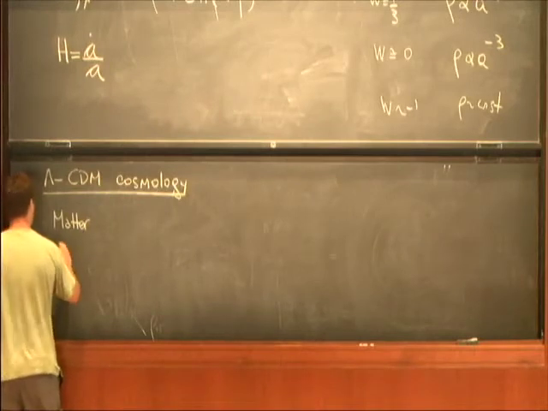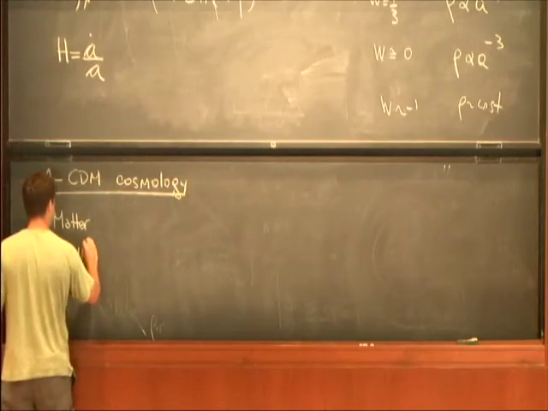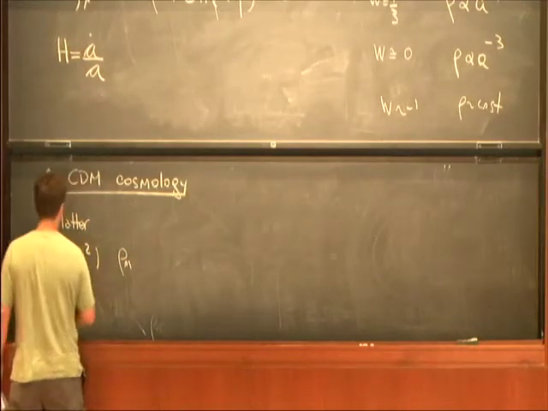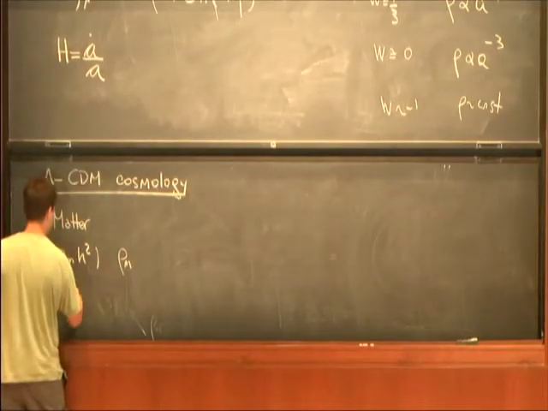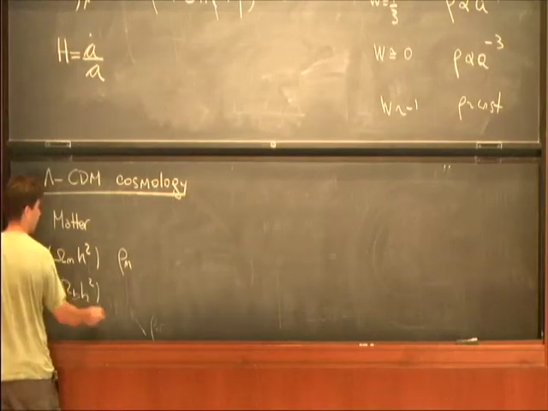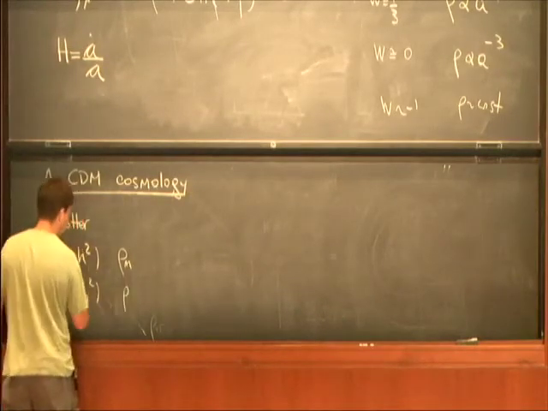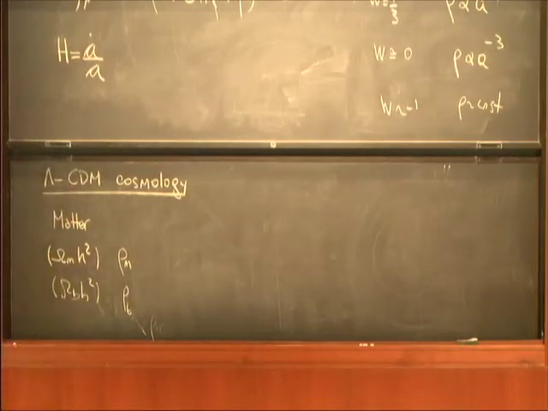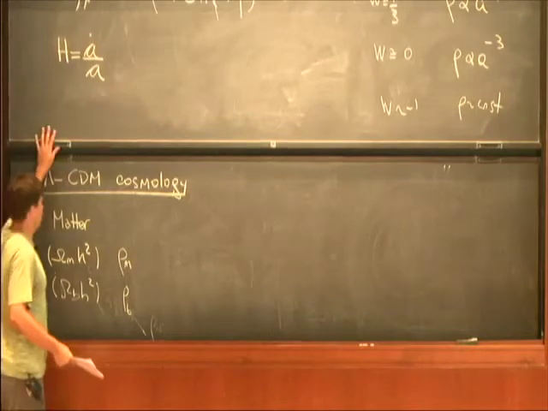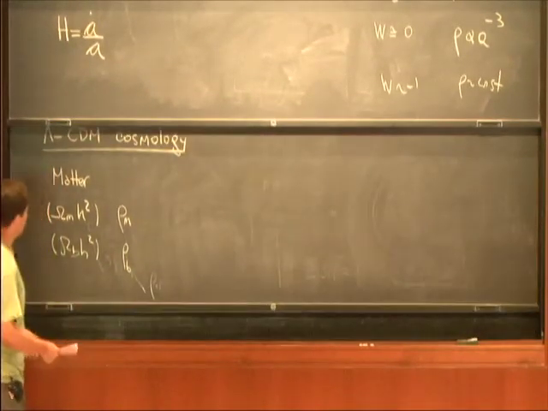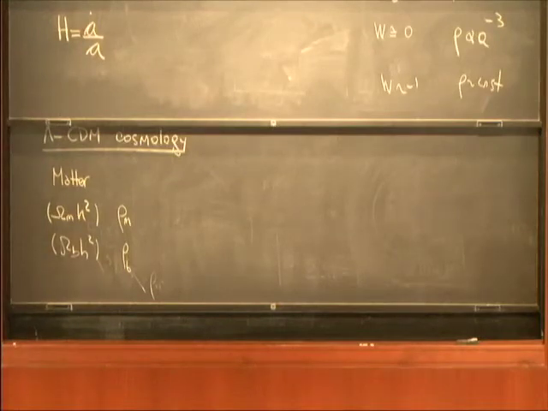So the parameters are this omega matter times h squared, which is nothing other than the density in matter. The other parameter is what's called omega b h squared, so the density in baryons, not in units of the critical density, but the physical density in grams per cubic centimeter, if you want.